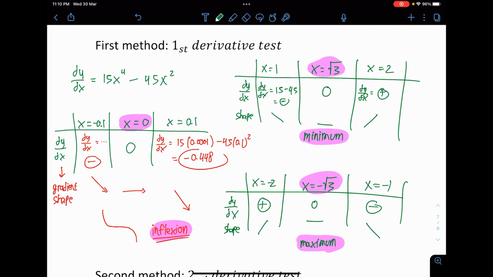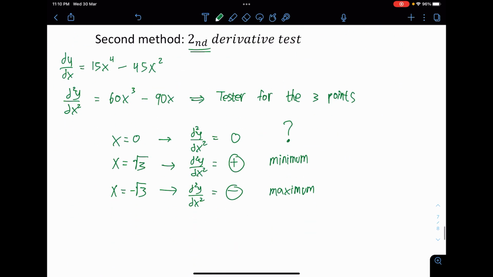So I would say that the first derivative test is actually quite easy, not easy actually, more like you don't need to work twice and it's guaranteed that you're gonna get the nature of the point. But there's a lot of work, a lot of substitution, a lot of tables that you need to prepare. The second derivative test is more instant because you just need to differentiate and then sub in each of the numbers. But it has a weakness, like when you get 0, the test is inconclusive.